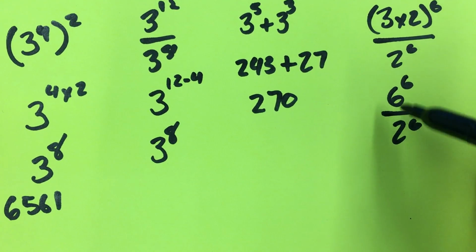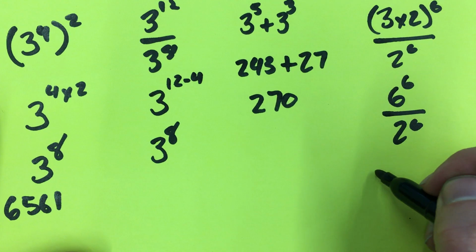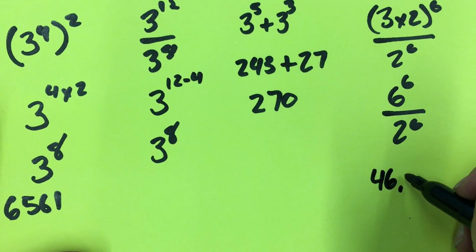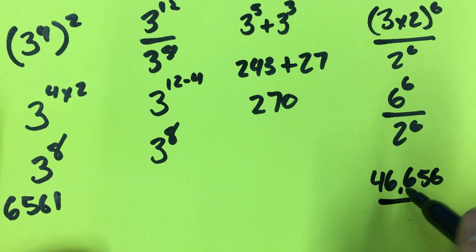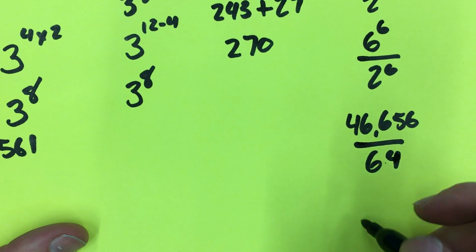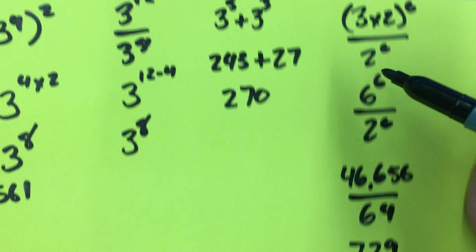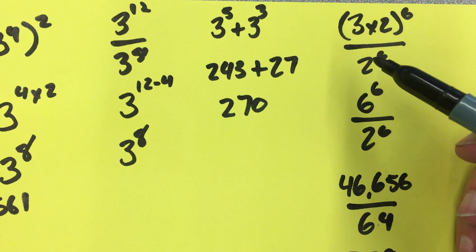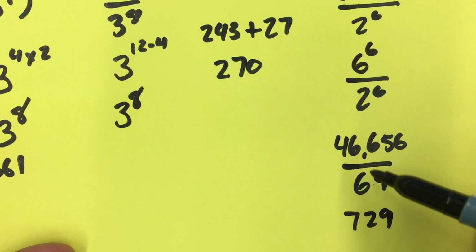Again, our bases are not the same, so we need to get a value. In this case, 6 to the power of 6 is 46,656 divided by 64, and that will give us 729. Okay, but again, we have different bases, so we have to get a value, divide those values to get our total.